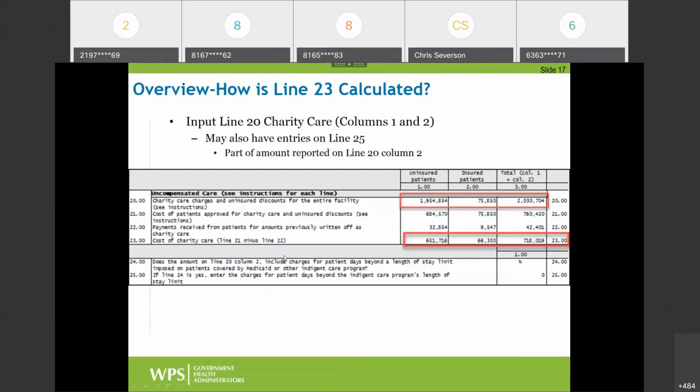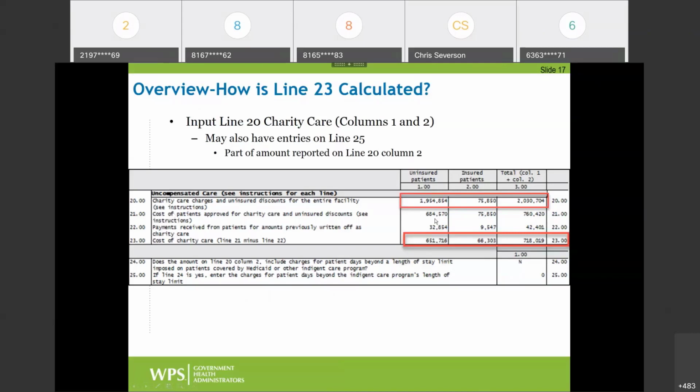That's any payments that have been received from patients that year for amounts that were previously, and that's a keyword, previously written off as charity care. So we're going to touch on this in a couple of different places, but again, this amount reduces the amount that was in line 21.